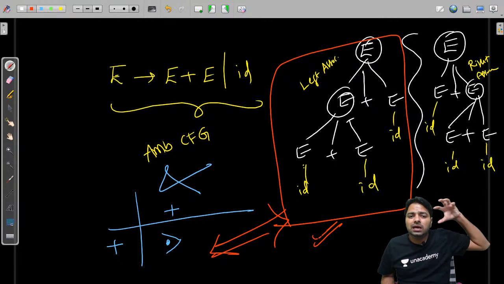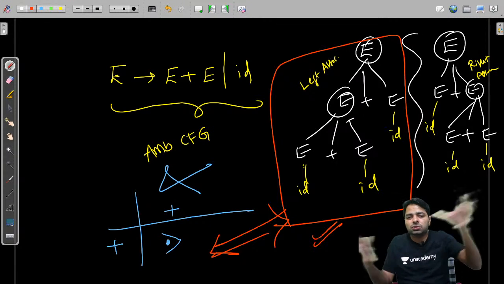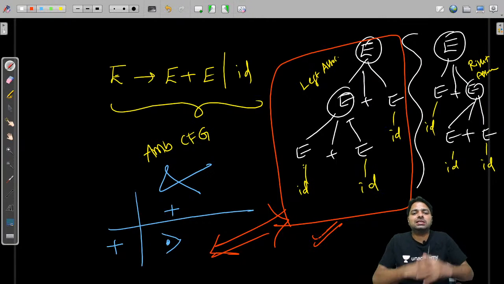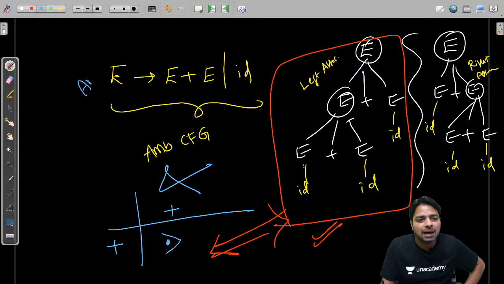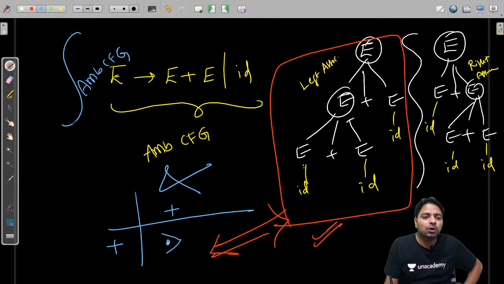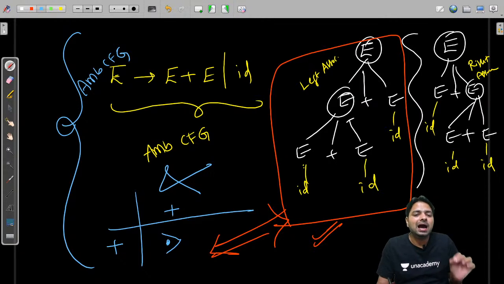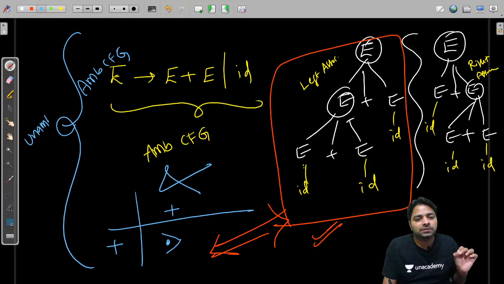Now the ambiguous grammar together with the precedence rules, together I can say this concept is going to be unambiguous. This is an ambiguous CFG, but while deriving the syntax, with both combined, I get an unambiguous concept.